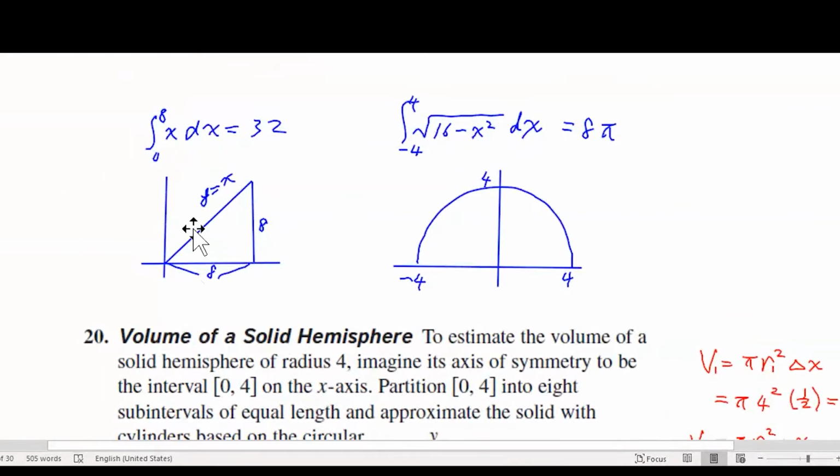Does this make sense to you? Because y is equal to x is just a linear function. And then we are calculating this area, but we are supposed to get positive. You get it? From 0 to 8, so this is 8, and height becomes 8 because y is equal to x. So we are just calculating the area of this triangle. You get it? 1/2 times 8 times 8. In this case, can you feel this is a semicircle?